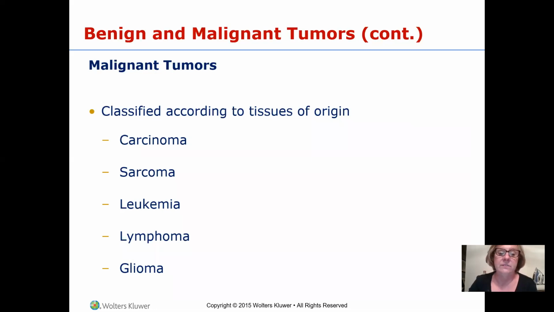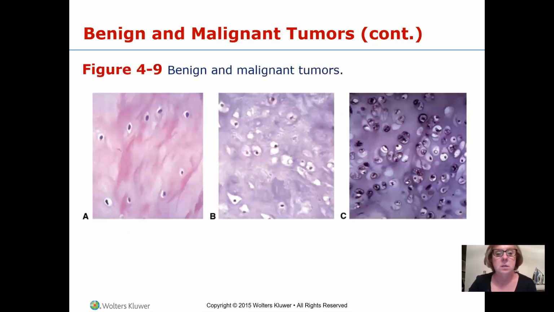Lymphoma is of the lymph, and glioma is of nerves. And here are some pictures of benign and malignant tumors. So these are chondrocytes here that are malignant. This is normal. And this one is of the cartilage.